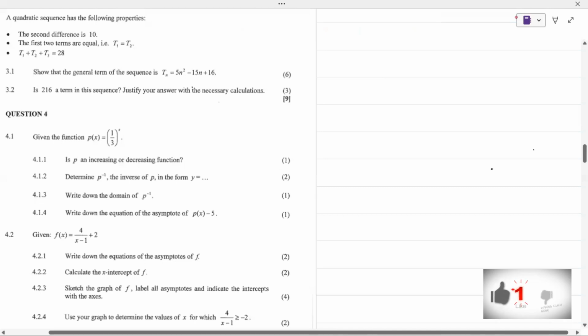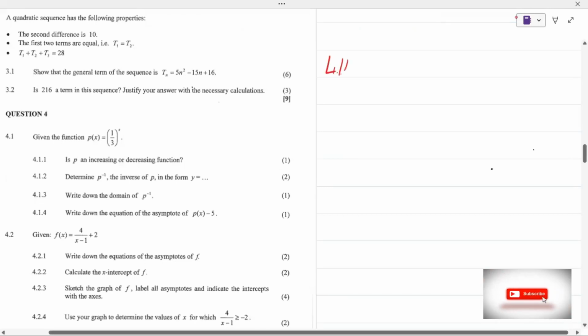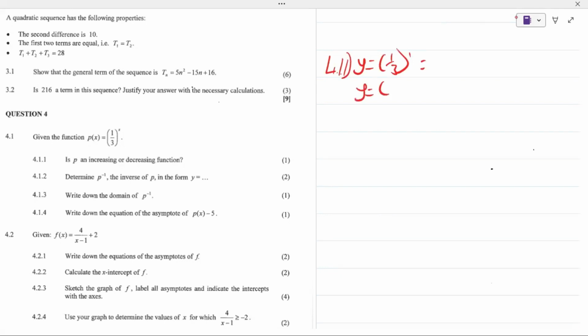Easiest way to answer, you will just have to say, okay, I'm at 4.1.1, right? So the easiest way now, you are just going to substitute, let's say, two or three numbers, right? So I'm going to say y is equal to 1 over 3 to the power of 1. y is equal to 1 over 3.